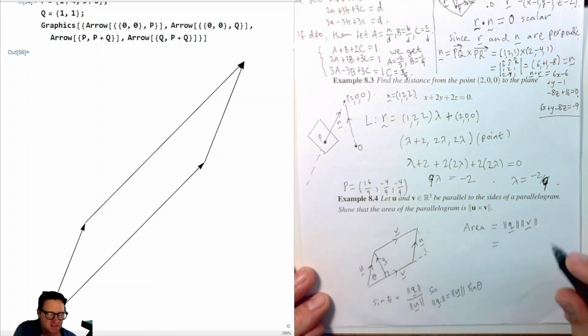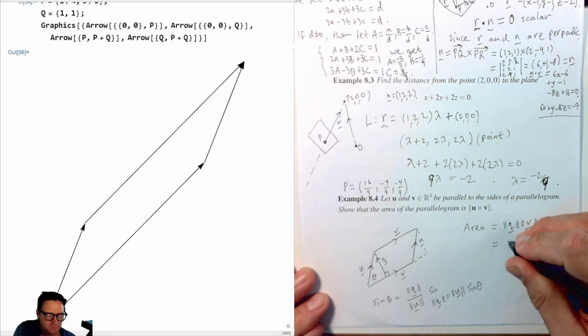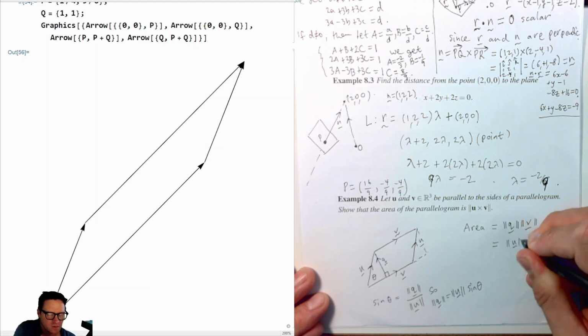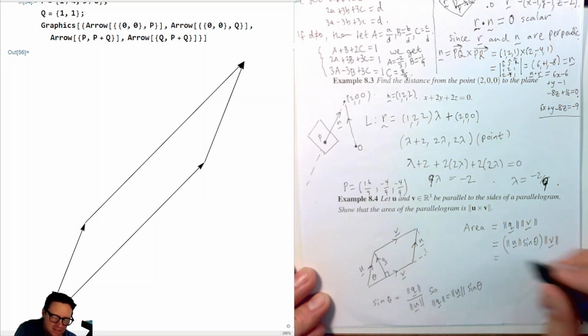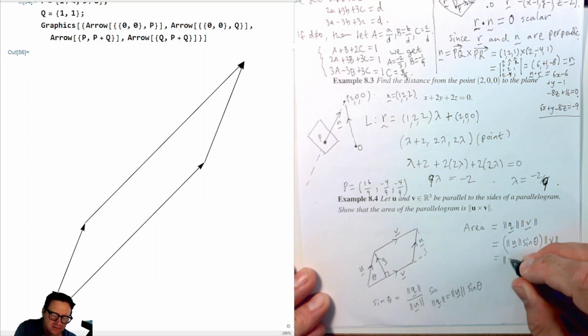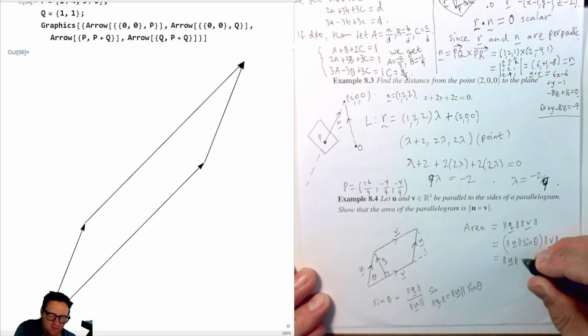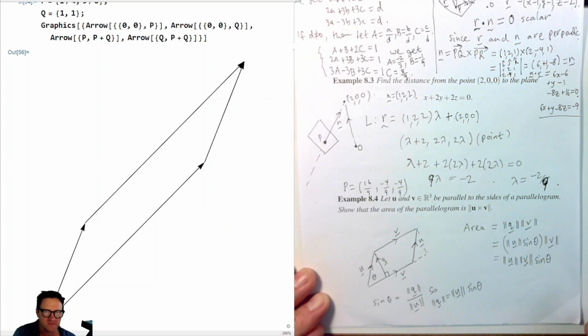All right, so let's sub this in. So we have the norm of U sine theta times the norm of V. And let's now rearrange this, moving the norm of V over left. So expressing this as the norm of U times the norm of V sine theta, where theta is the angle between U and V. Okay, there's a formula for this.